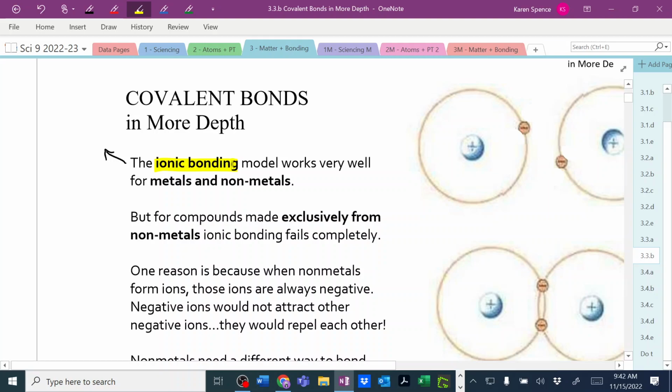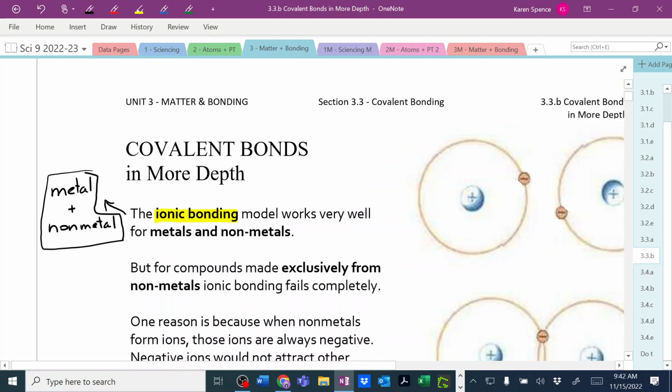Metals and nonmetals. And not only is it a metal plus a nonmetal, but it is a cation plus an anion.